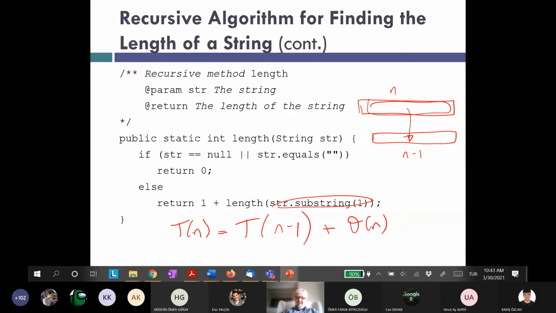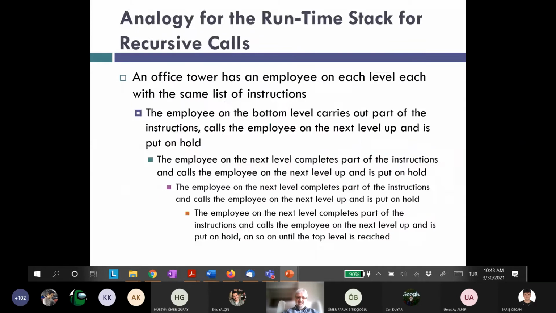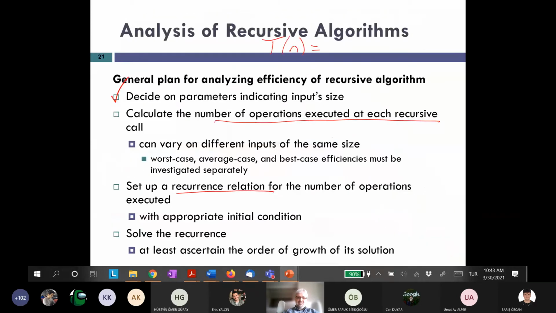And actually, in the analysis, let me go to this position again. We set up a recurrence relation. In this recurrence relation, we say T(n) is T(n minus 1) plus theta n, if the size is large, since we perform a recursive call which takes T(n minus 1) time.